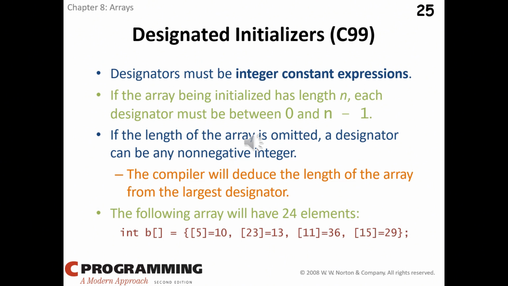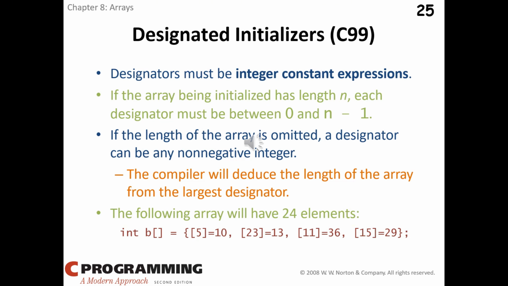And the second one is if the array we're initializing has a specific length, each designator must be between 0 and n-1, where n is the length of the array, and it's like numbering the slots in our array starting from 0, and the last slot will always be one less than the total number of slots.